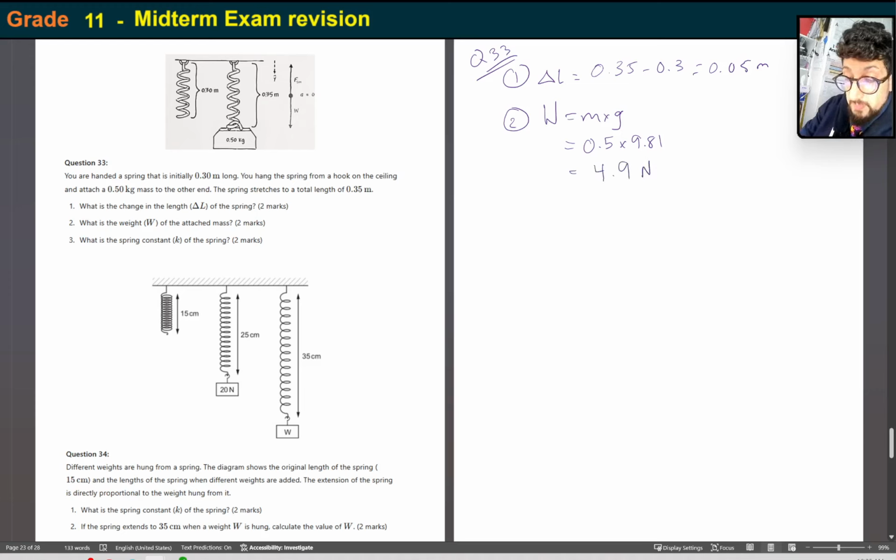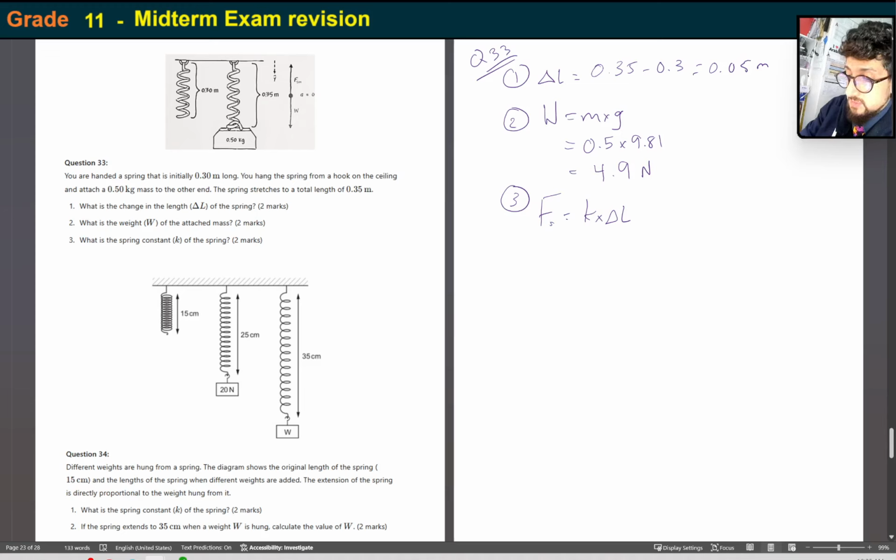Okay, and what is the spring constant of the spring? So this time we have to look at the formula, and the formula states that force is equal to k times delta L, right? Spring force to be specific.